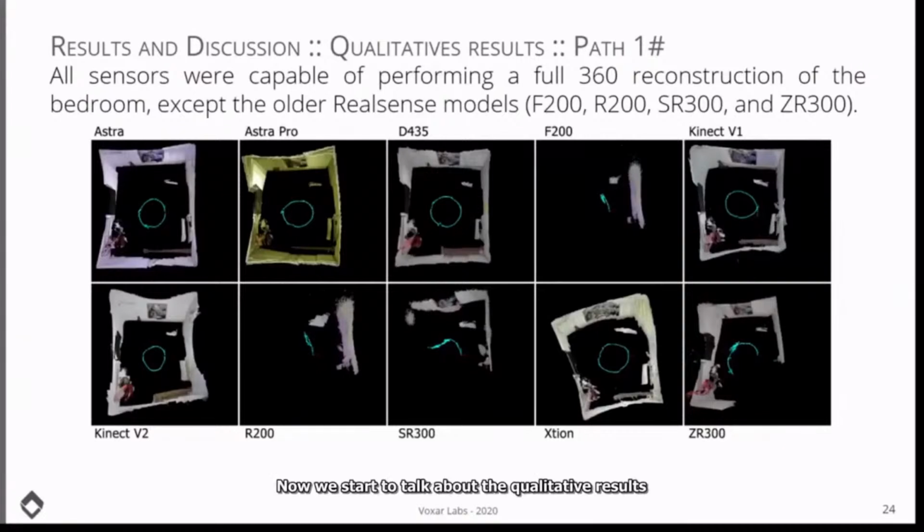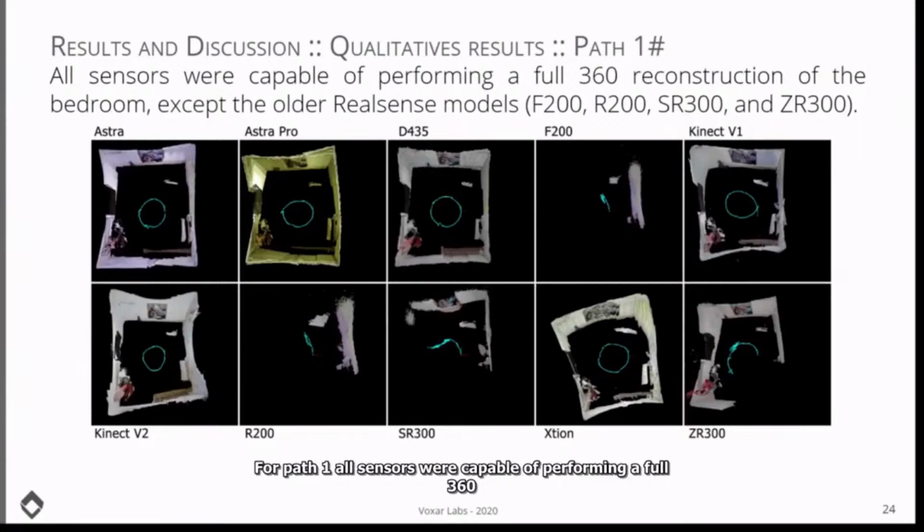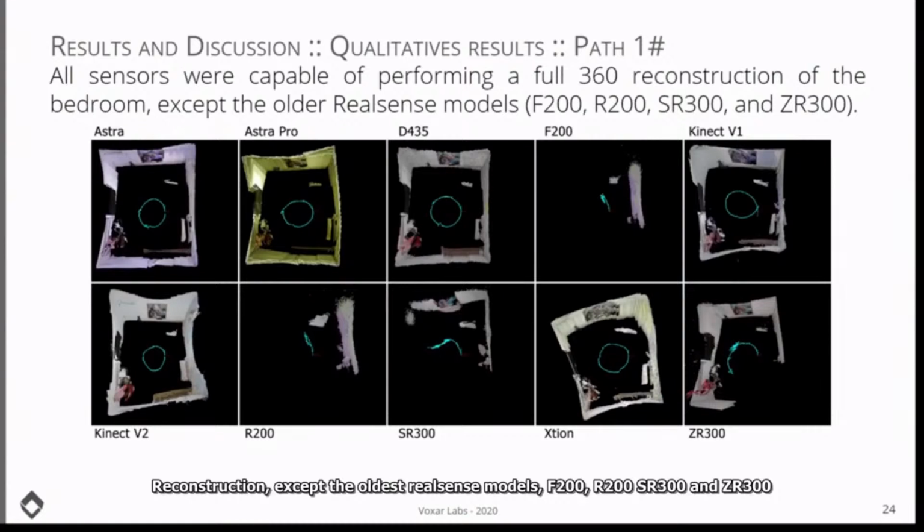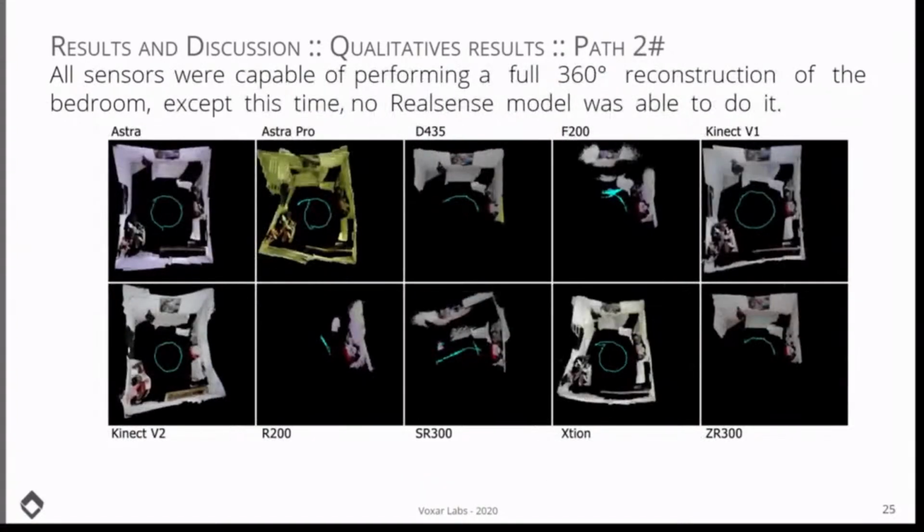Now we start to talk about the qualitative results. For path 1, all sensors were capable of performing a full 360 reconstruction except the oldest RealSense models, F200, R200, SR300, and ZR300.